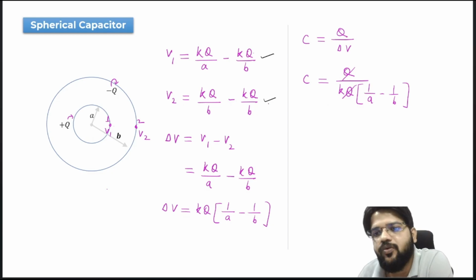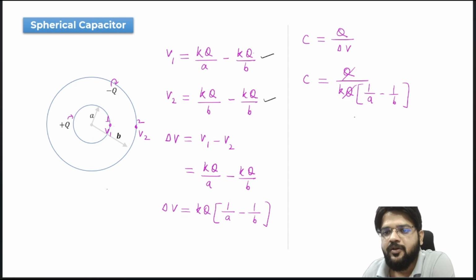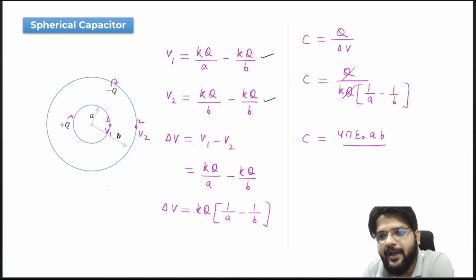And K is the Coulomb constant here, and the value of K is 1 upon 4 pi epsilon naught. So finally, after simplification, we will get 4 pi epsilon naught in the numerator, and if we simplify 1 by A minus 1 by B, we will get AB by B minus A. So this is the capacitance, everyone.